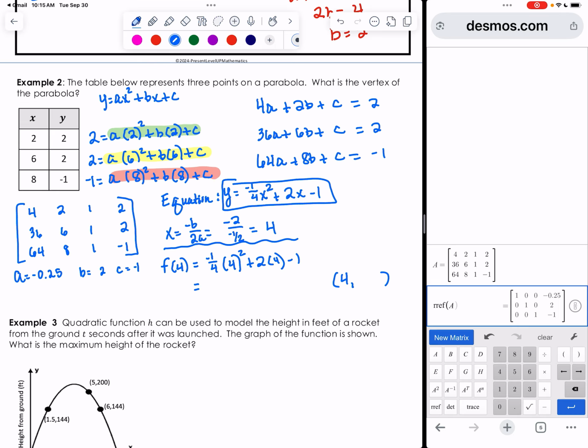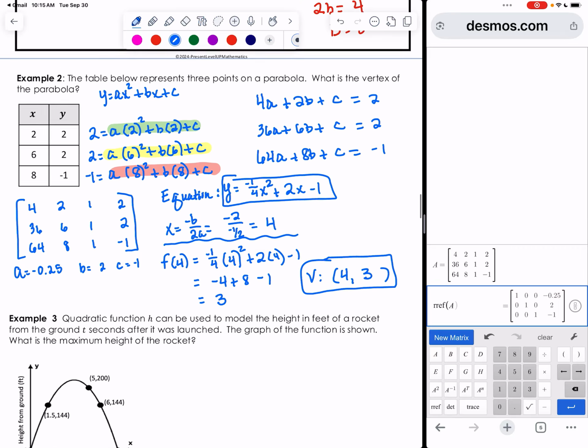Okay, so 4 squared is 16. 1/4 of 16 is 4, so that would be negative 4. 2 times 4 is 8, minus 1. So negative 4 plus 8 is 4. 4 minus 1 is positive 3. So my y value of my vertex is 3. So now we found the equation and we found the vertex.